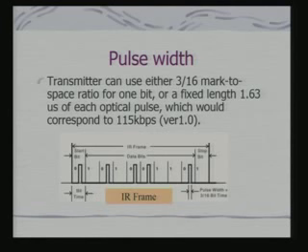If we look at a simple example of RS-232C, which is the most common asynchronous protocol, normally the signal lines are in what we call the marking state. Marking state is typically the high state for the signals, and then when a data transmission is to start, that bit goes down.